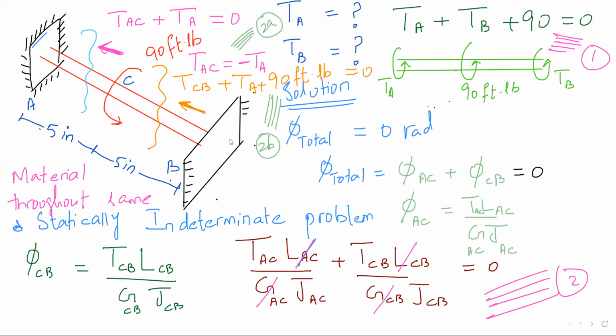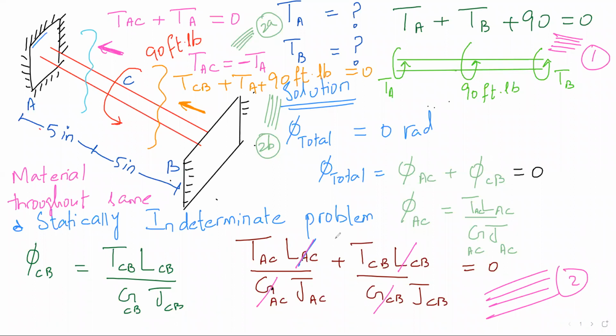Anyways, John, what you said, the Gs are not the same? No, the Gs are the same. The material is the same. The length is the same. Material is the same, so G cancelled. Length is the same, so length cancelled.